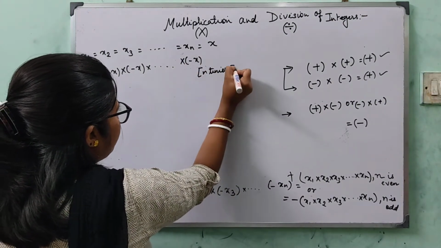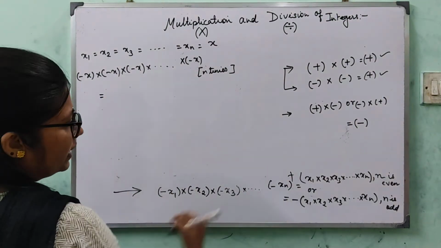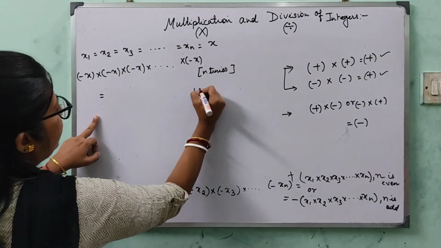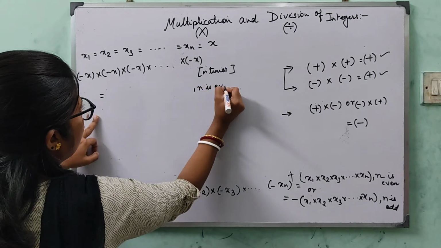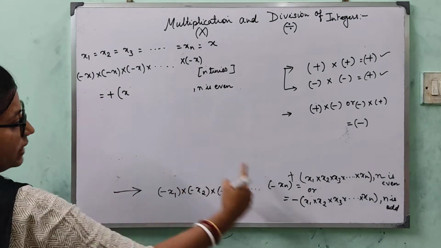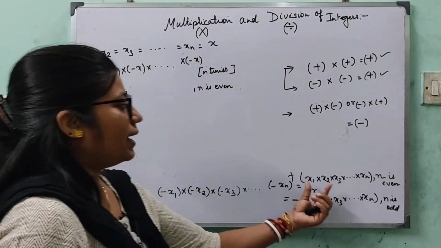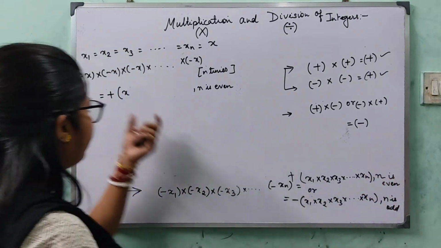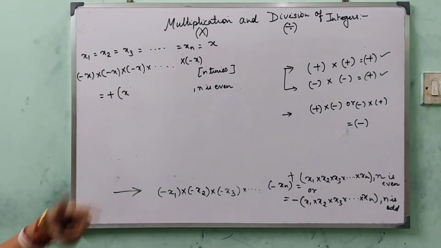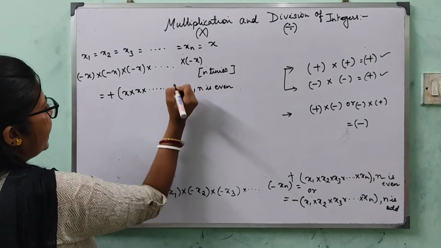So what is going to be the answer or the product? Following this, if n is even, it will be positive and x is multiplied n times. Here there were n different integers multiplied, but here we have the same integer multiplied n times. So x into x into x, n times.